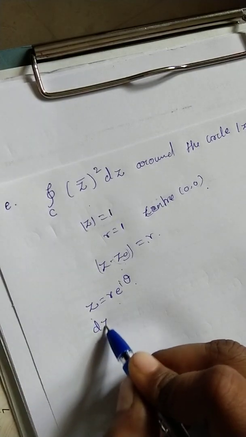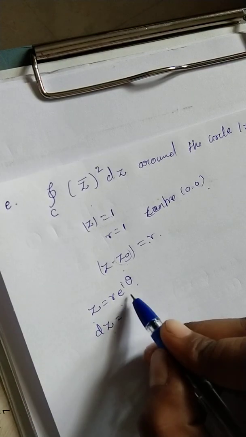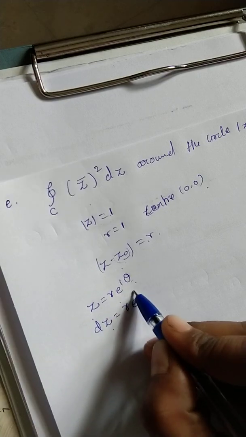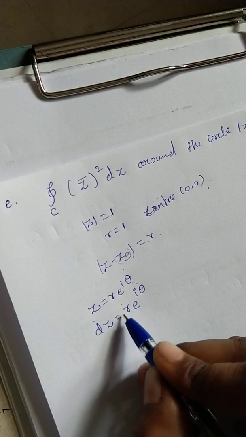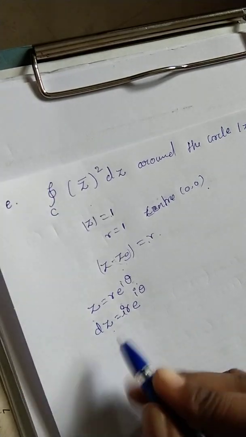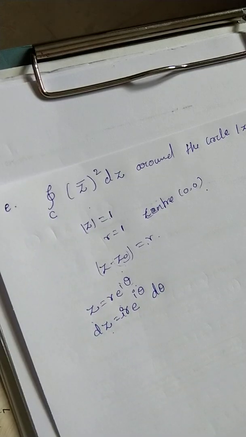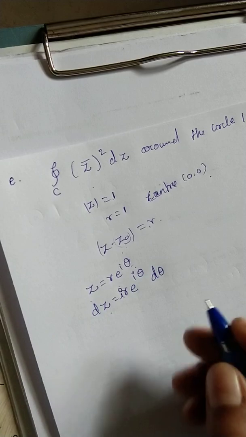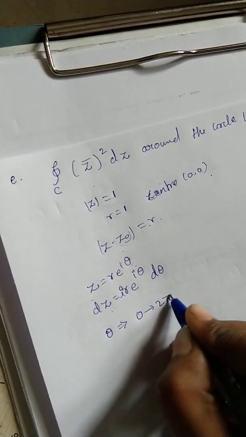When you differentiate it, dz is equals to, with respect to theta, you have to write as it is, differentiation of e power I theta is e power I theta, again differentiation of I theta is I. Okay, so this is our solution, and theta differentiation is d theta. Okay, now it is a circle they have said, so theta varies from 0 to 2 pi.